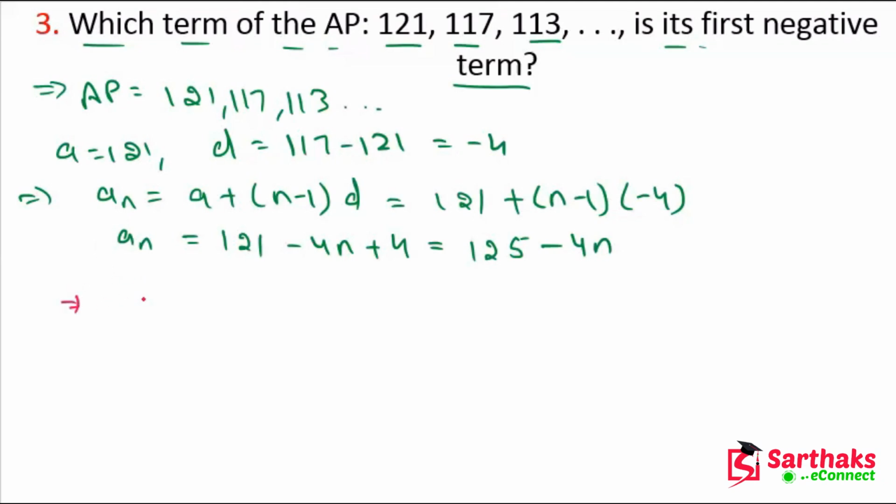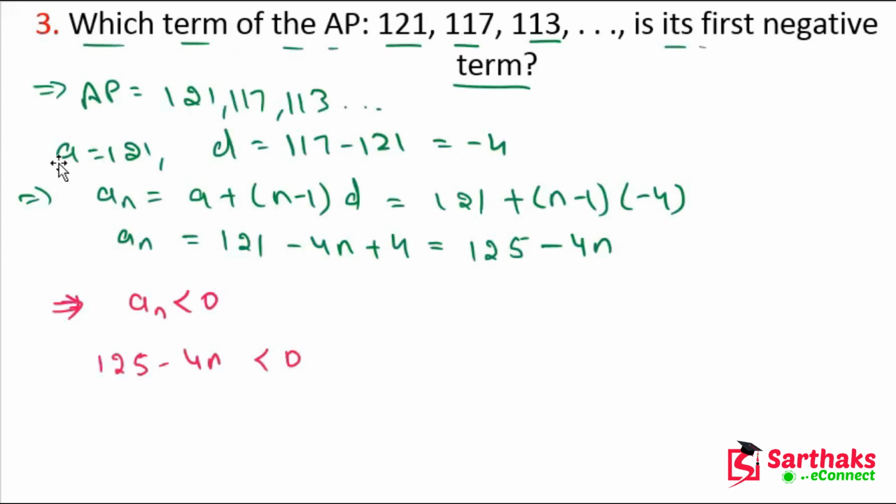For this, there is a condition that an is less than 0. So we have an is 125 minus 4n, which is less than 0. If we solve it, it will become 125 is less than 4n.